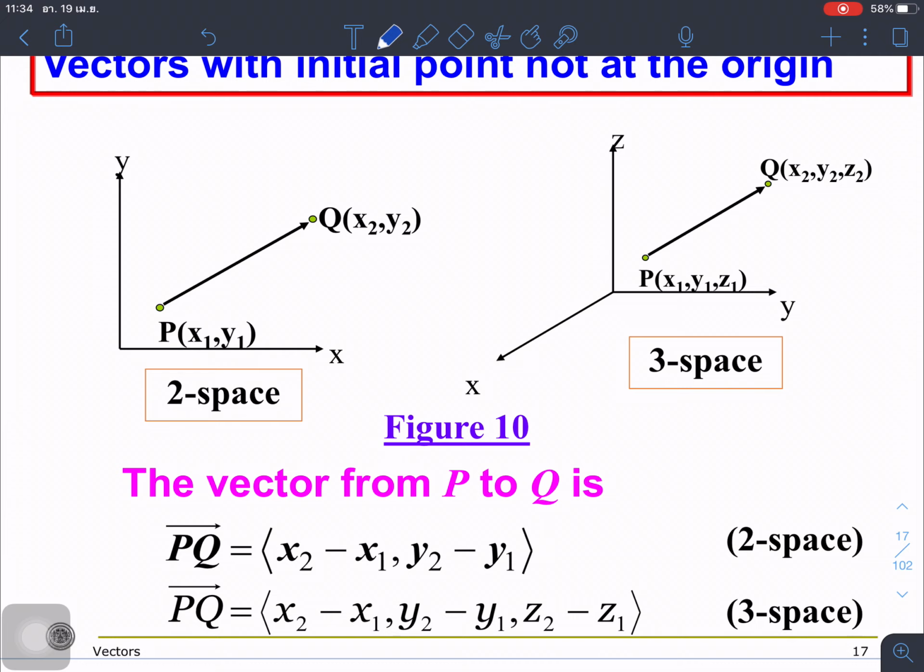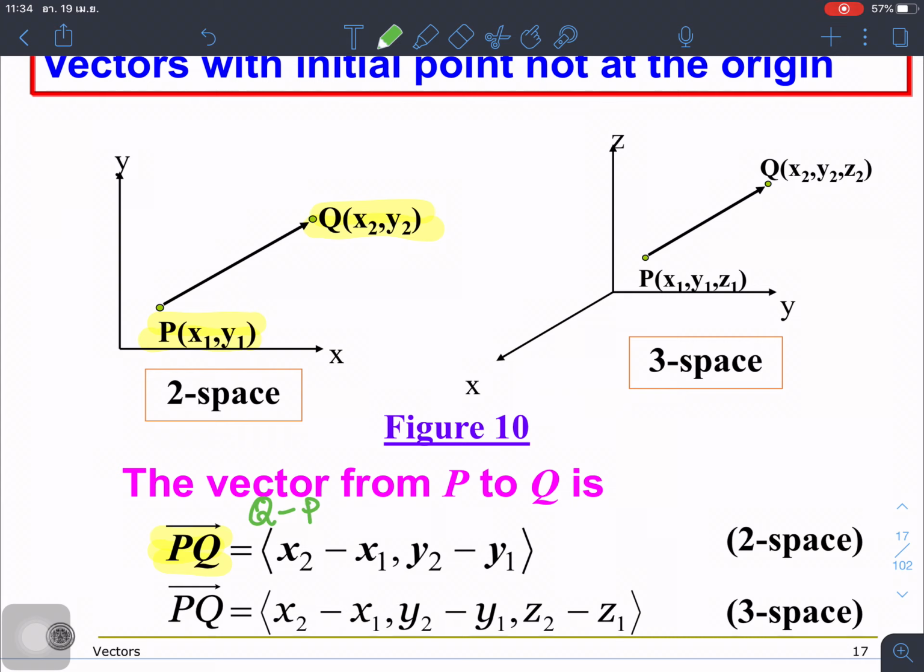So perhaps you have the point P right here. This is the point P, then this is the point Q in two-dimensional space. And if you want to find the vector PQ, the concept is you do Q minus P. Okay, it looks like that.